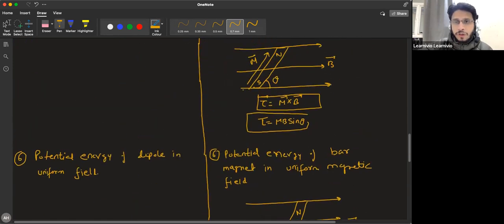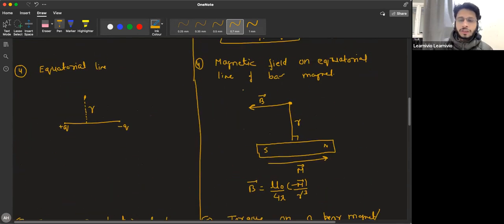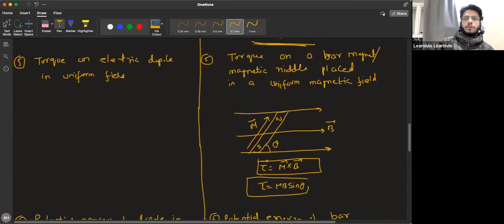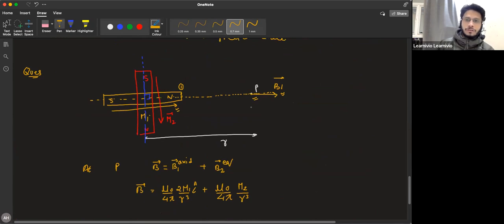Just check the expression. See, this is the expression. Just check this expression now. Tell me, on equatorial line, B and M are in same direction or in opposite direction? Opposite direction. Why opposite now? Because of the negative sign. Negative sign. So if M2 is downward, see, the magnetic field will be upwards.